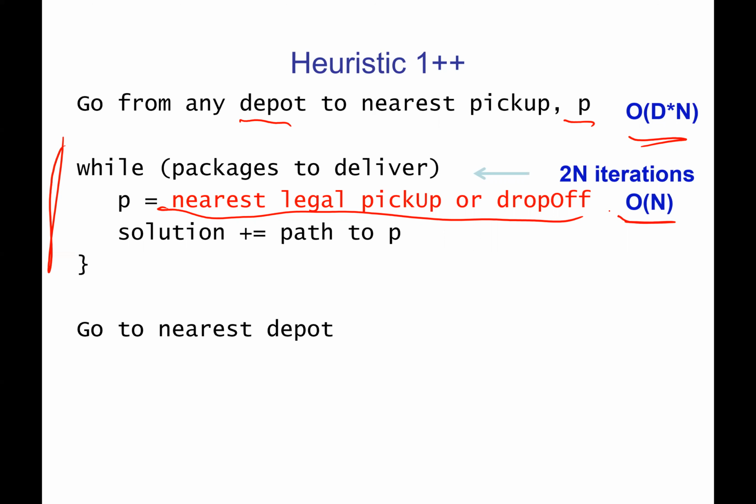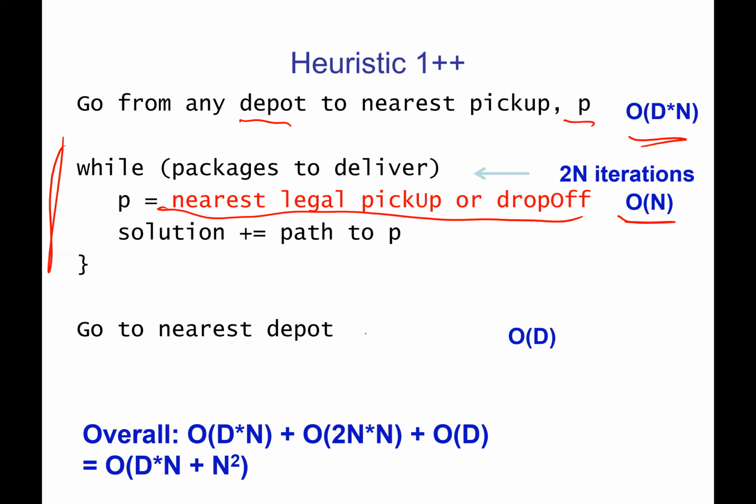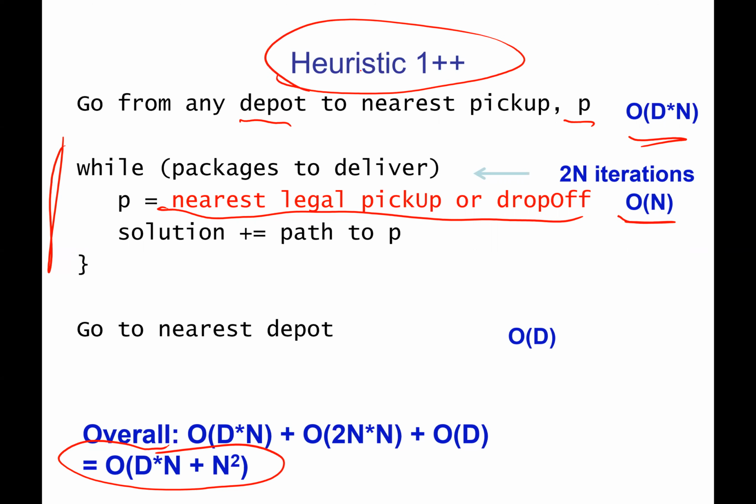That involves going through basically N to 2N things, so it's also order N. And then at the end, we're gonna drop off at the nearest depot, so that's order D. If you get the complexity of that, it's the same as before. It's D times N plus N squared. There's a little more work you're doing, so the constant's a little bit higher, but not very much more. So this is a better heuristic, and it's not going to be much slower.